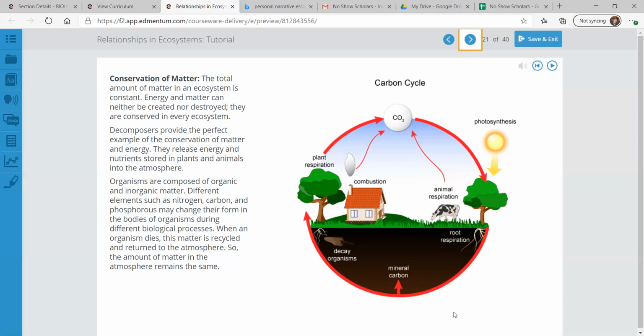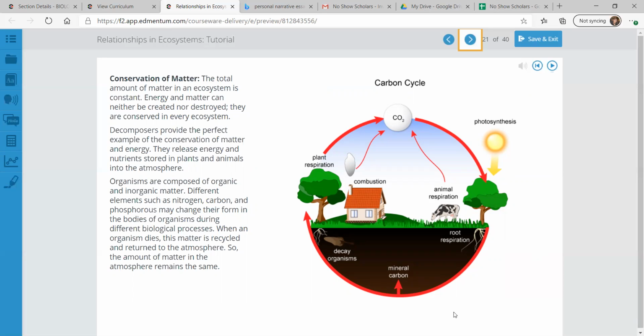Decomposers release energy and nutrients stored in plants and animals into the atmosphere. Organisms are composed of organic and inorganic matter. And different elements such as nitrogen, carbon, and phosphorus may change their form in the bodies of organisms during different biological processes.